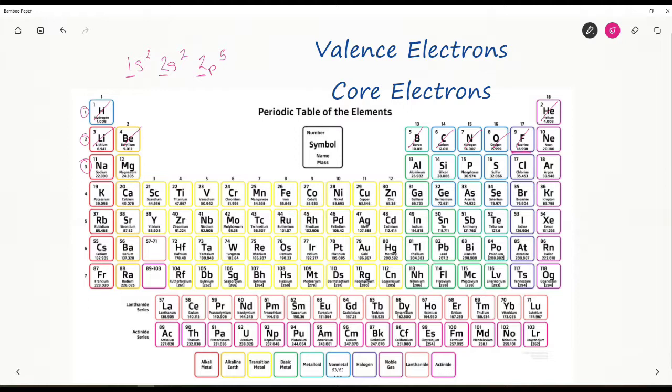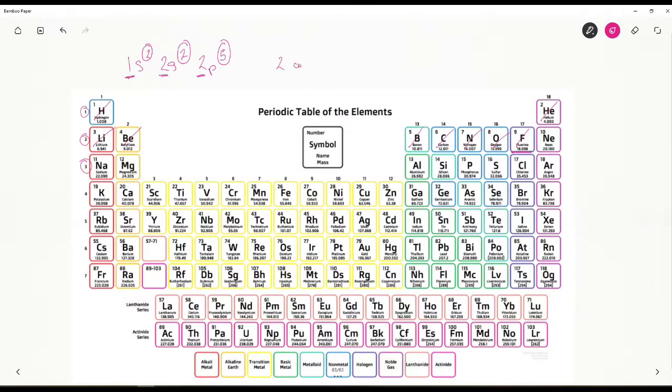And in the case of fluorine, I'm looking at 1 versus 2. Well, 2 is obviously greater than 1. So these electrons here are my valence electrons. And then all the electrons that are not my valence are my core electrons. So fluorine has 2 core electrons and 7 valence electrons.